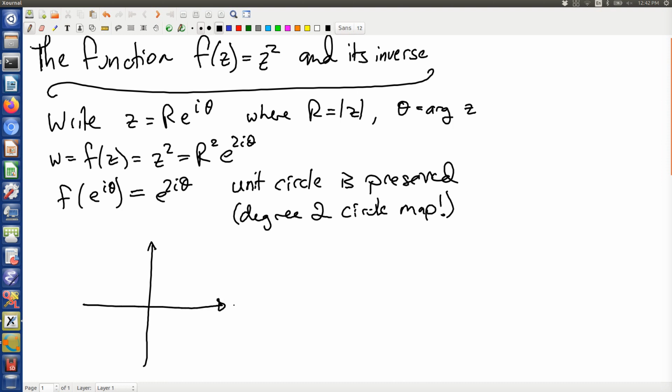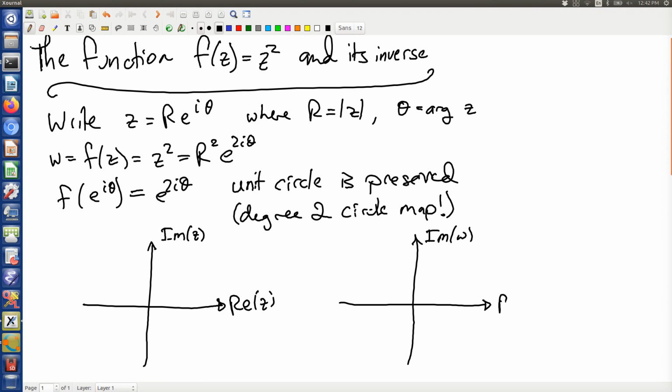So, graphically, here's the real part of z and the imaginary part of z. Here's the imaginary part of w and the real part of w.